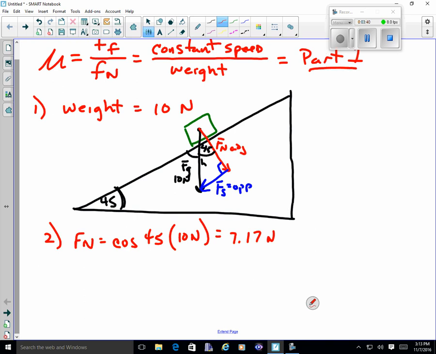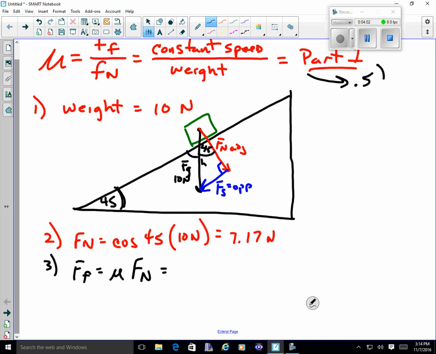So in number 3, I'm going to calculate the friction force by using the formula: friction equals the coefficient of friction multiplied by the normal force. Well, let's just pretend that the coefficient of friction that I got from the other side, probably for sandpaper or the piece of rubber, was 0.5.